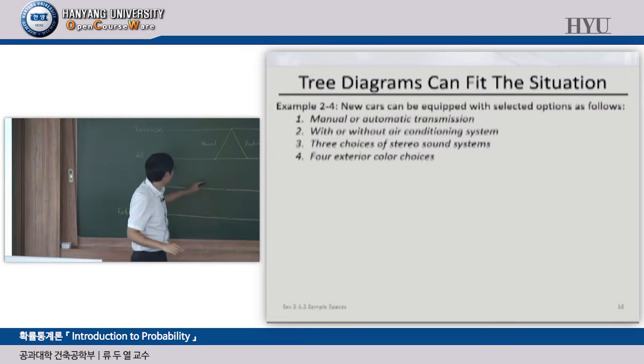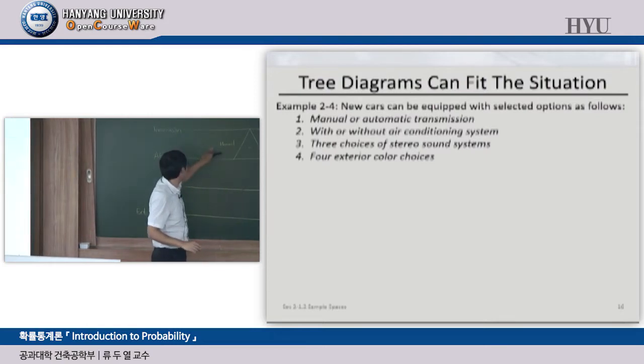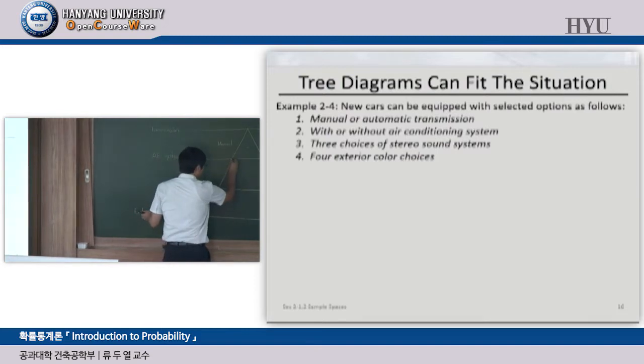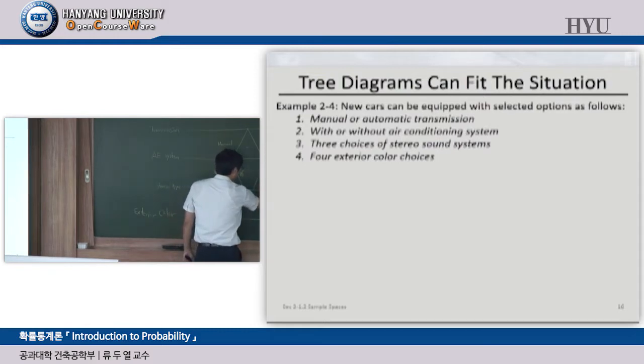And in the case that we have the manual transmission, we have two options: we can have the air conditioning system or not. And in the case that we have the automatic transmission system, we also have the same tree here. We can have the air conditioning system or not.